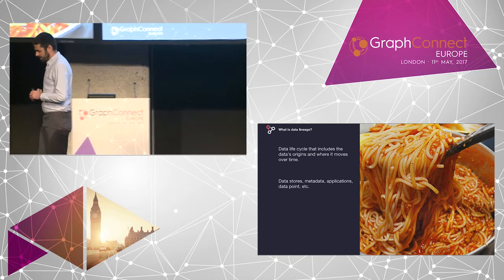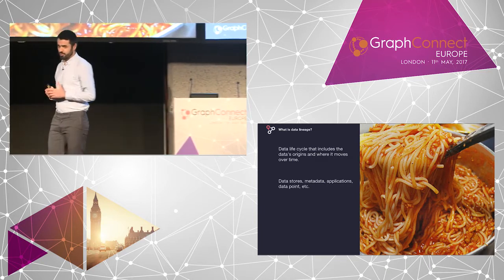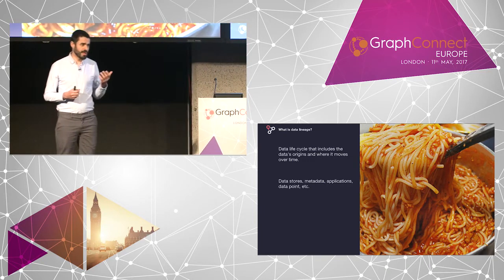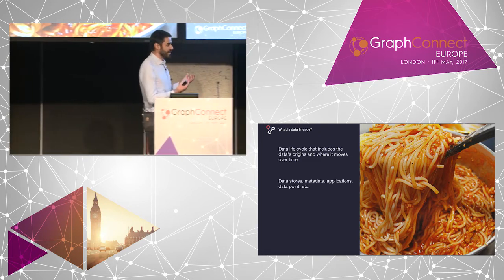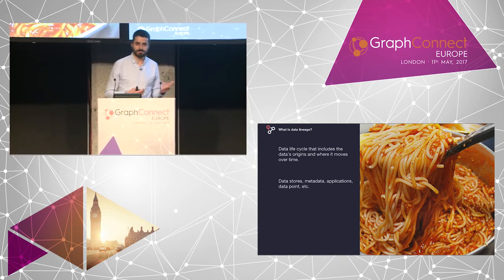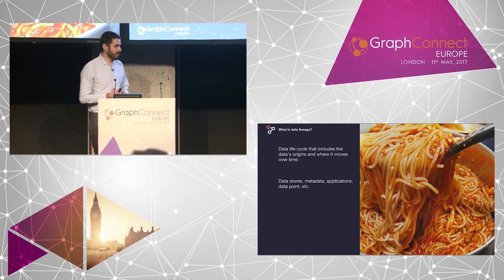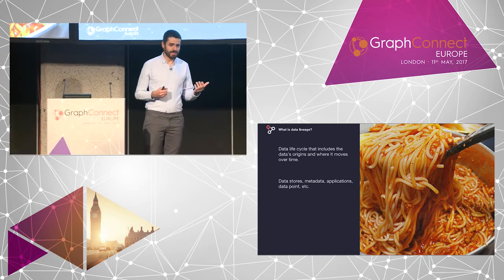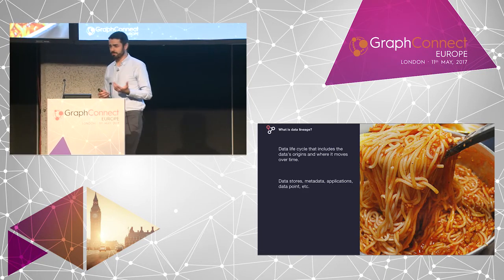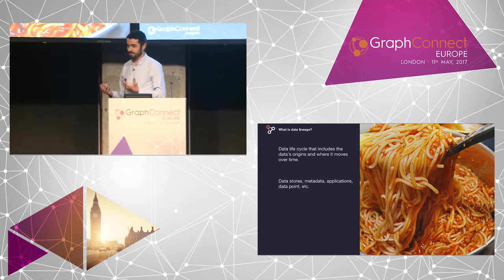So accomplishing good data lineage supposes two things. First, you need to get an understanding of things like the various data systems that you have, data stores, DBs, data warehouses, but also be able to understand the metadata associated with your data, or even the various applications that you manage.